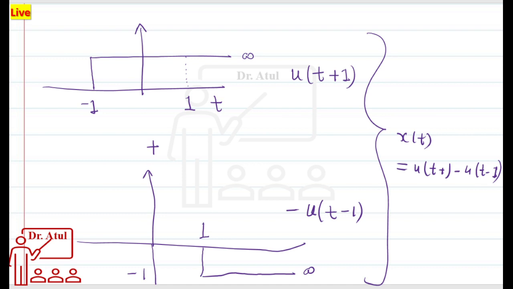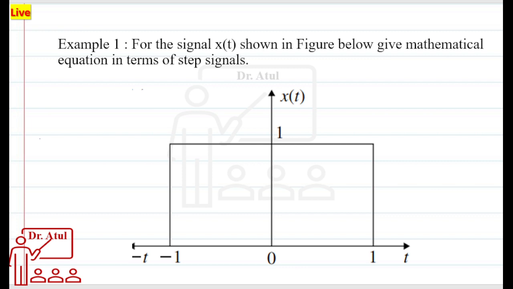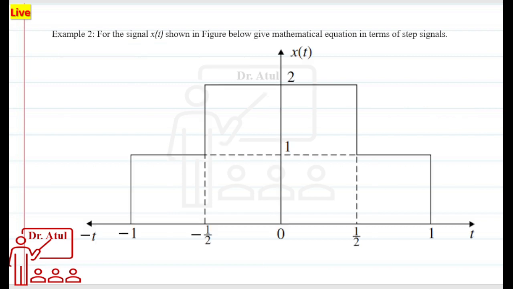Is this okay? That means this rectangular signal can be written as u(t+1) minus u(t-1). Okay, so this is the solution for this.